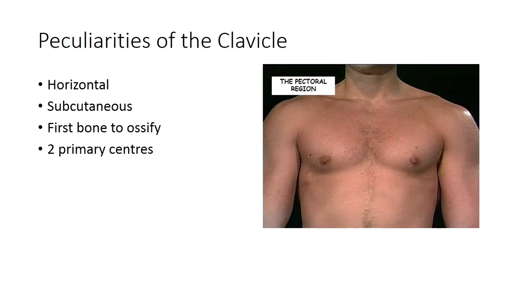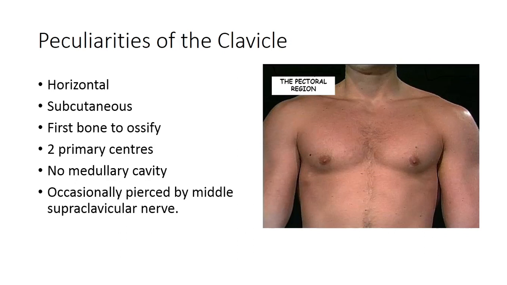This is the only long bone which has two primary centers for ossification. There is no medullary cavity in the clavicle, and occasionally it is pierced by the middle supraclavicular nerve. So there are three supraclavicular nerves over the clavicle like this, and sometimes the middle supraclavicular nerve pierces the clavicle, this one.